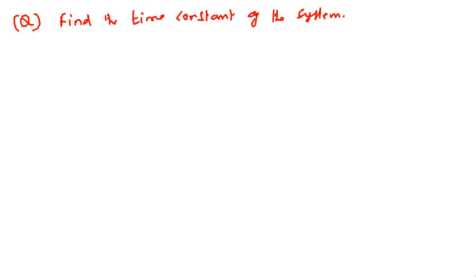So given that, C of S divided by R of S is equal to 50 divided by S plus 10. So we need to find the time constant of the system.